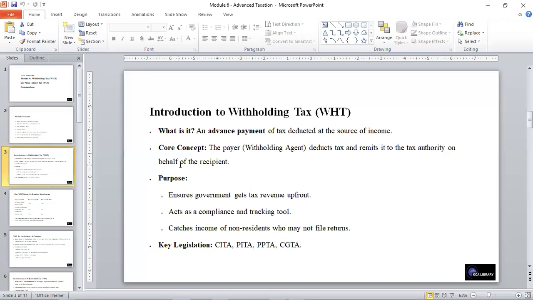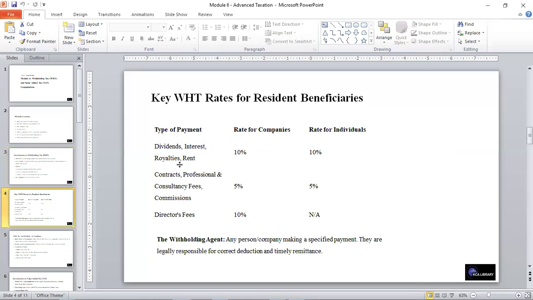The purpose of withholding tax is to ensure government gets tax revenue upfront, to act as a compliance and tracking tool, and also to catch income of non-residents who may not file returns. The key legislation under this is the CITA, the PITA, the PPTA, and the CGTA.